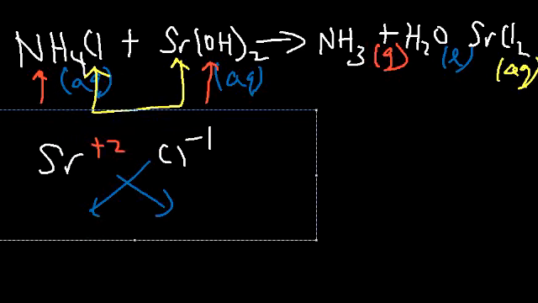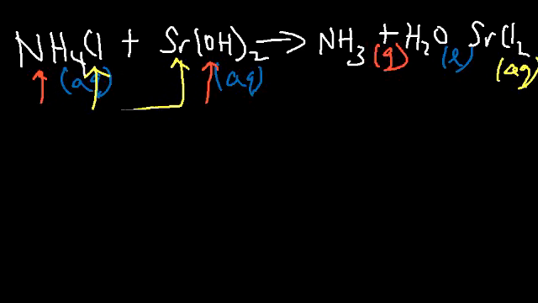So let's make sure that the reaction is balanced, and it's not. So let's put a 2 in front of NH4Cl, which means we need 2 NH3s, and we need a 2 in front of H2O. And so now the reaction is balanced.